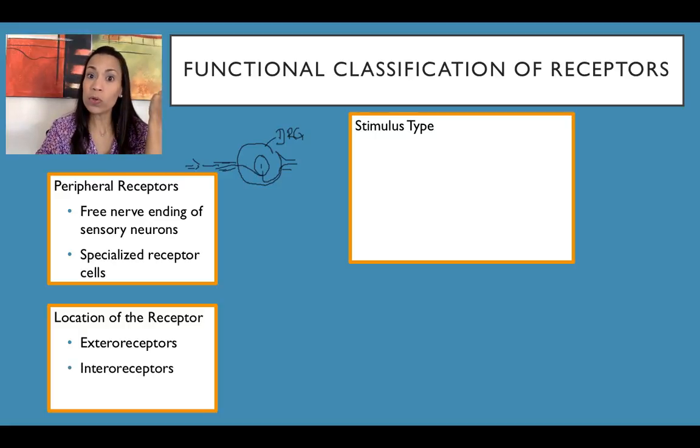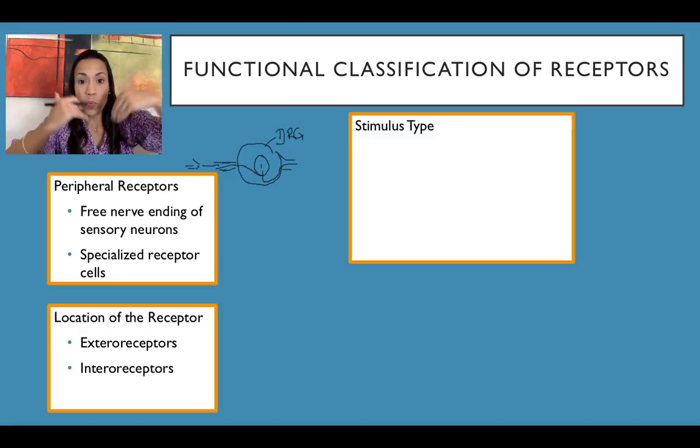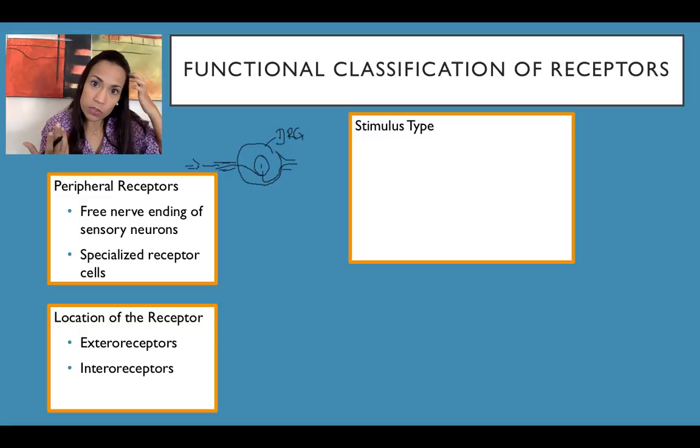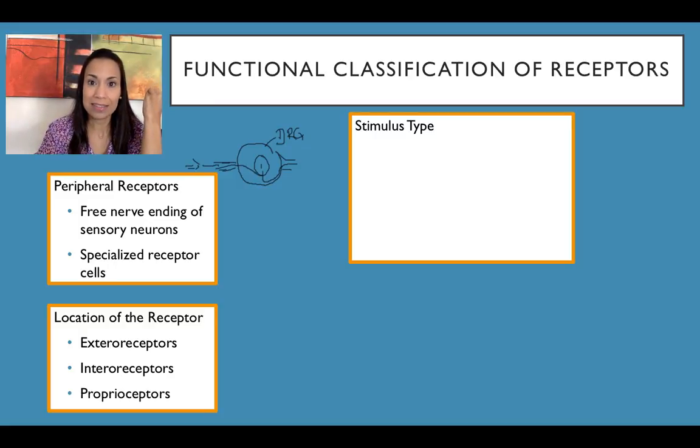Now we also have interoceptors. They are located inside our visceral organs, and those are the ones monitoring changes that happen inside the body, in the internal environment. But we're leaving something here that is not in the viscera and is not on the surface: the skeletal muscles, the joints, and the tendons.